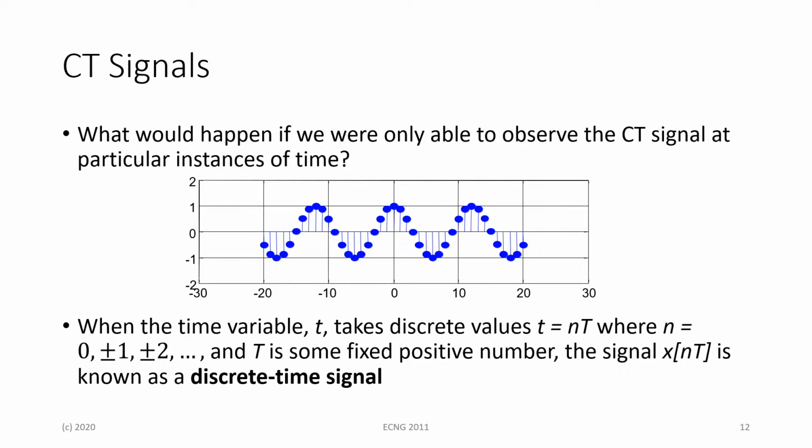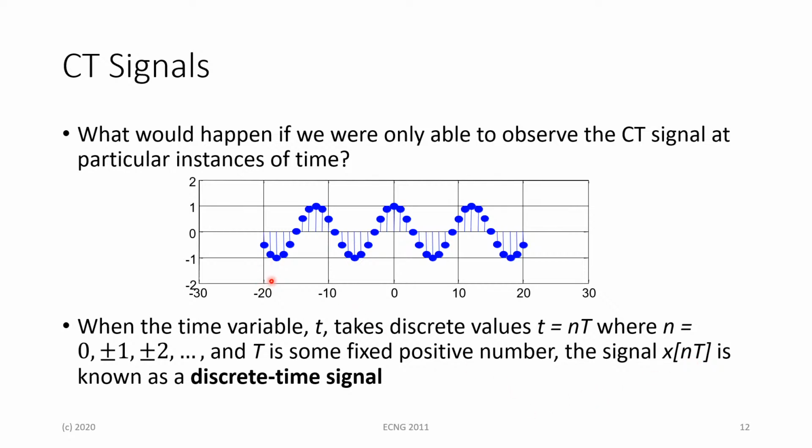And instead of it being x of t, where t is a common variable, the discretized time signal is represented by x of n T in square brackets, where n represents the instance at which you observe the signal, and capital T represents our time interval, or sampling time.